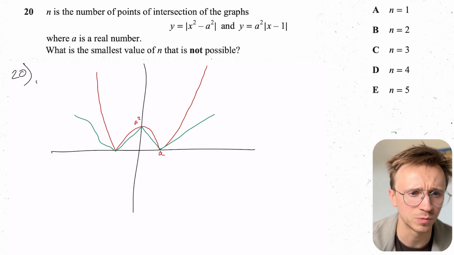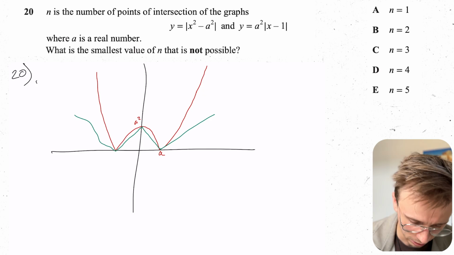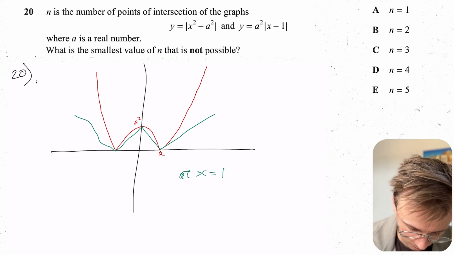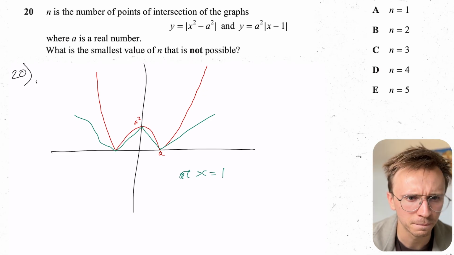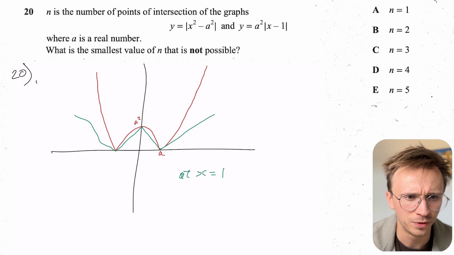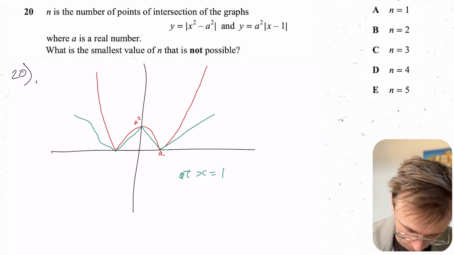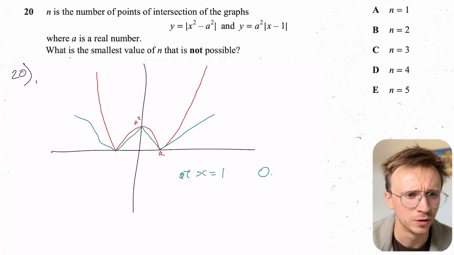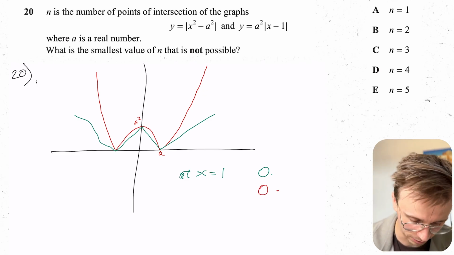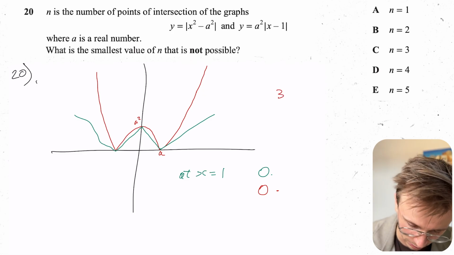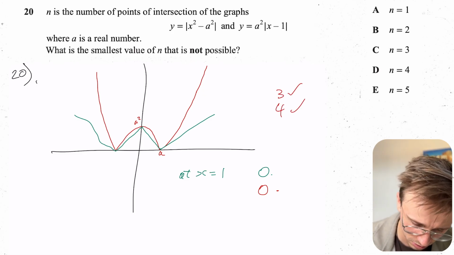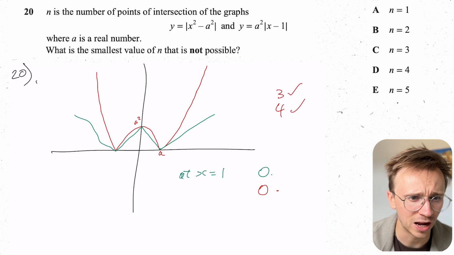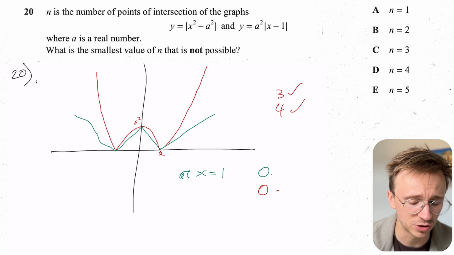Yeah, a equals 1 works because at x equals 1, the green one equals 0, and the red one at x equals 1 equals 0. Okay, that's fine. So that one works, so I can get 3. 3 is good, 4 is good. 5 I haven't checked, but if I can't do the others, then it must be 5.